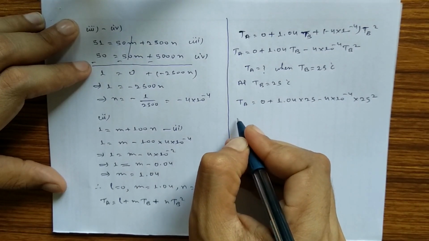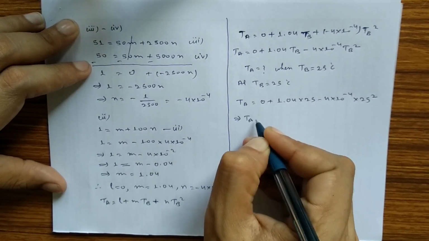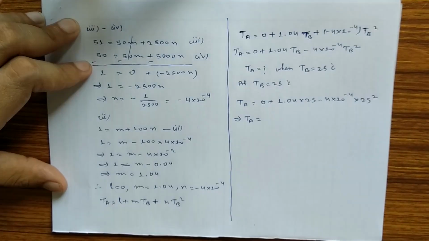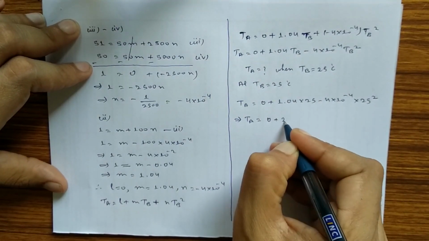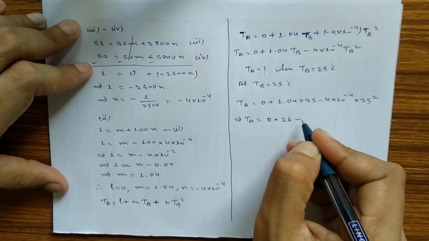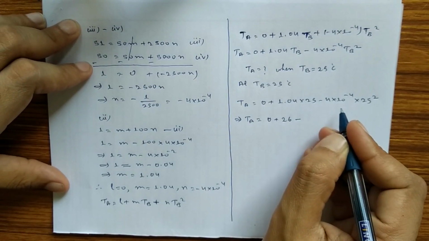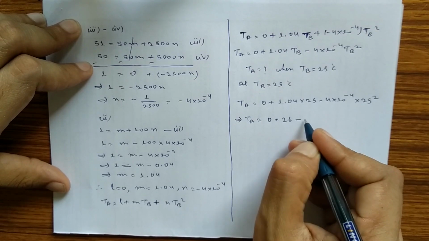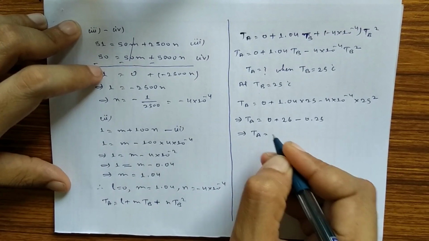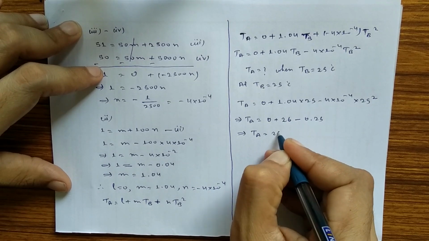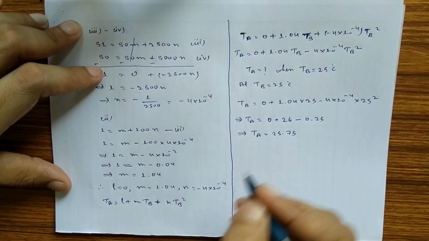By solving, we get TA equals 0 plus 26 minus 0.25. So TA equals 25.75.